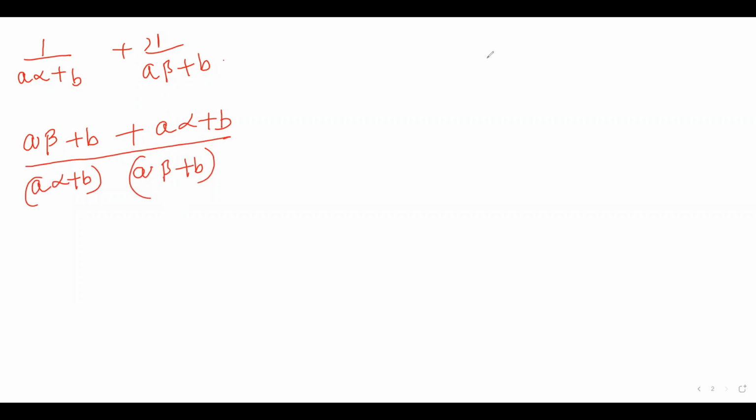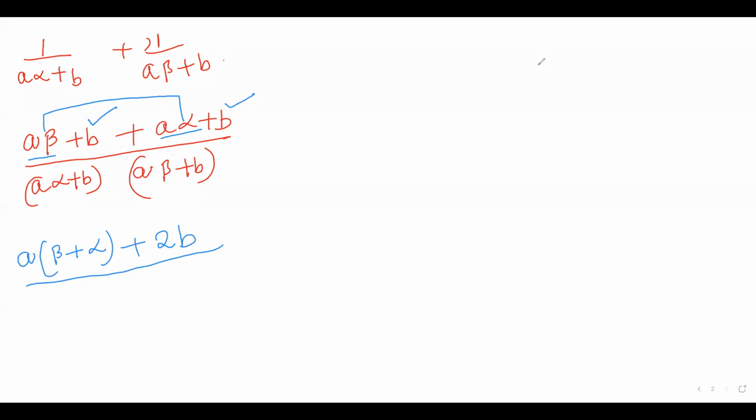Now I would like to take common in these two terms. A can be taken as common in both terms. So when I take A as common, beta plus alpha will remain and b plus b is 2b. Okay, numerator simplification is done. Let's focus on the denominator. We can multiply both the denominators.